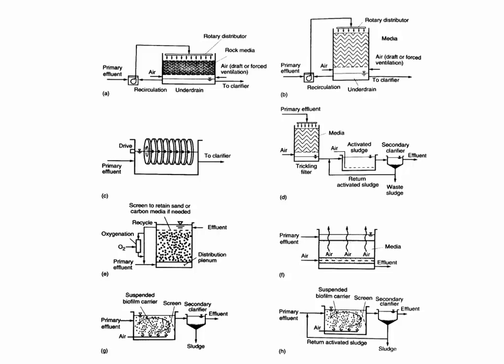Okay. What we're looking at is a variety of different combinations of both suspended growth and attached growth. We're going to go through each one of these different types of configurations tonight one by one and talk about some of their similarities and differences.